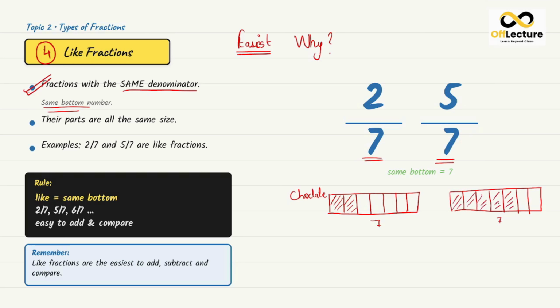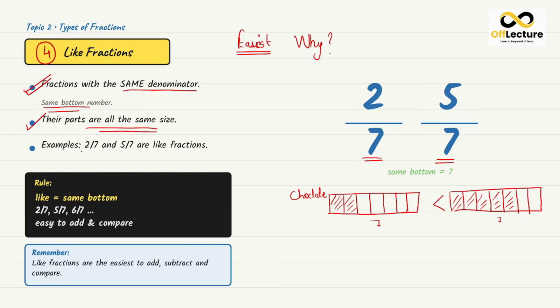So it is easier to compare that 2 by 7 is definitely smaller than 5 by 7. But we will understand later how we can compare, add and subtract these kinds of fractions. Just to know, like fractions are those where the fractions have the same denominator, so their parts are of the same size.